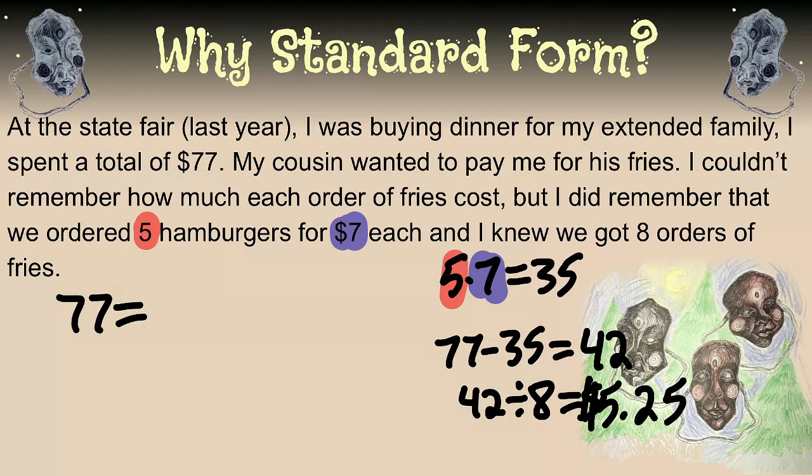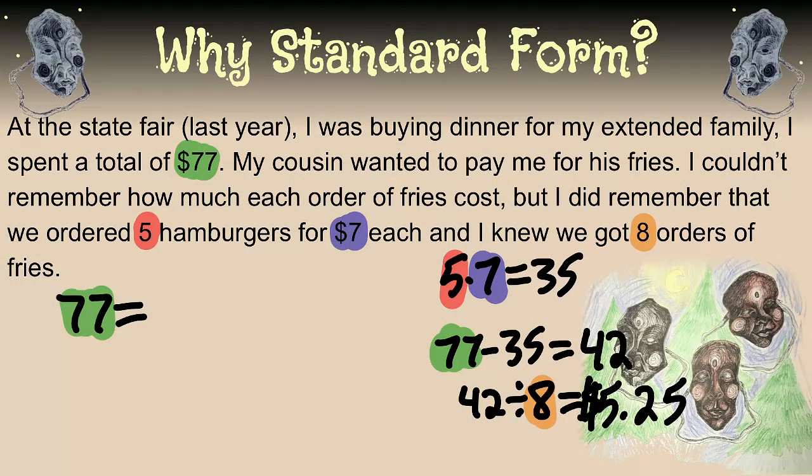I'm trying to just show where everything came from here. Okay, so here's one way we can think of this. We need to think of the cost of the hamburgers and the cost of the fries separately.